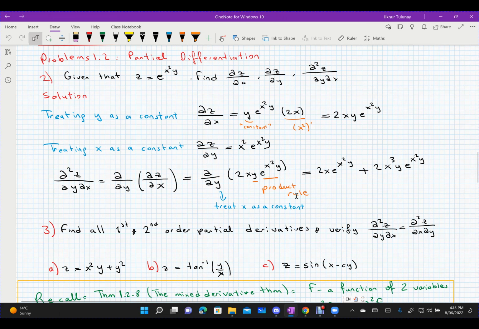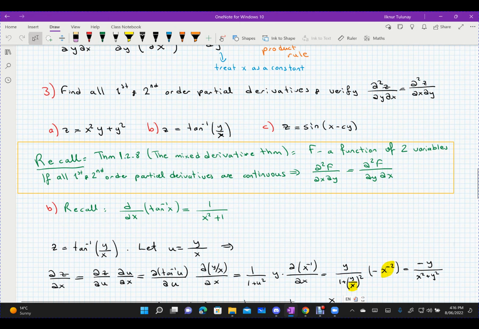So we need to apply the product rule. This is 2x, and the derivative of y is just 1. Altogether we have 2x e^(x squared y). And then the derivative of the exponential part times the first factor: we have 2xy, and the derivative of e^(x squared y) with respect to y is x squared e^(x squared y). That will be 2xy times x squared, that is 2x cubed y, times the exponential of x squared y. I think it is straightforward.